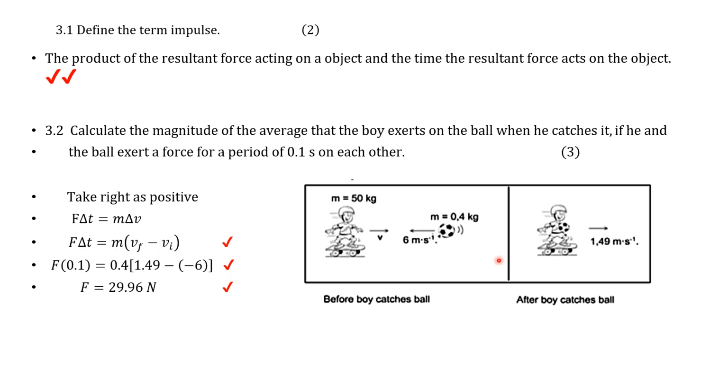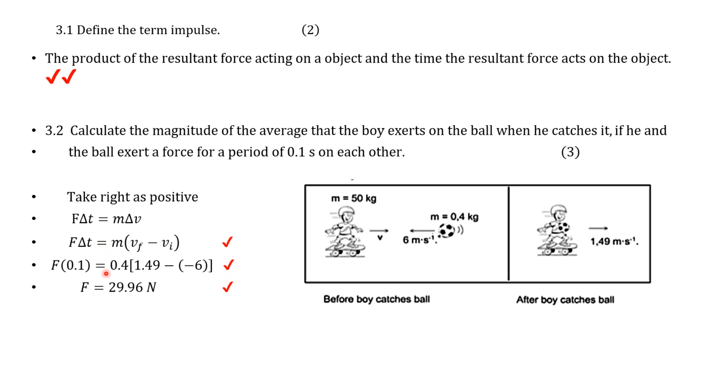Final velocity 1.49. Initial velocity -6. Take note, it's going in the opposite direction, so this is moving towards the left. We're taking right as positive, therefore -6, and that there is moving towards the right, therefore positive 1.49.